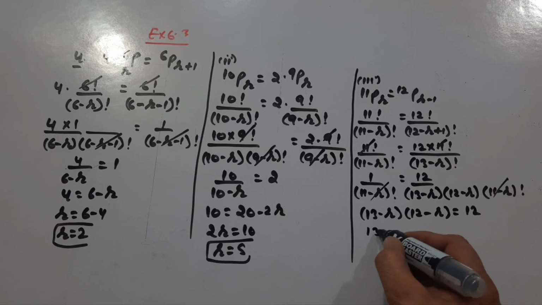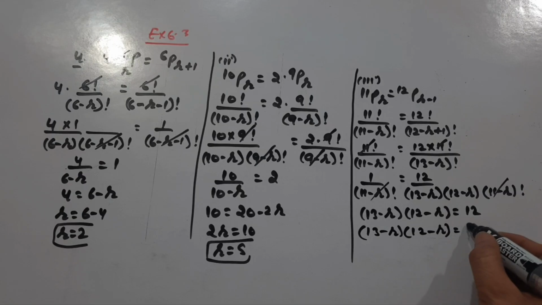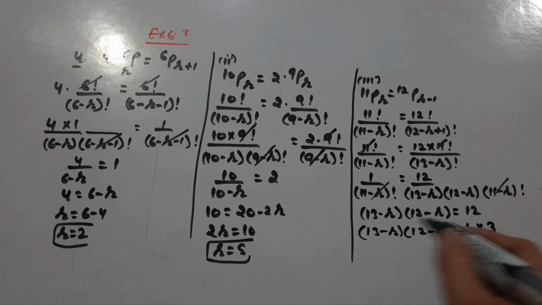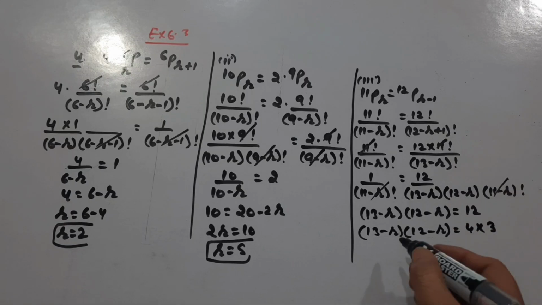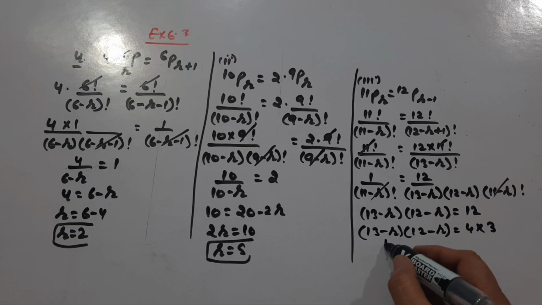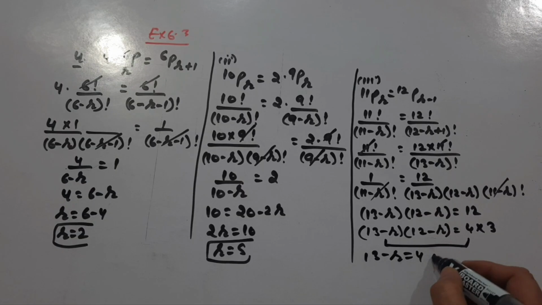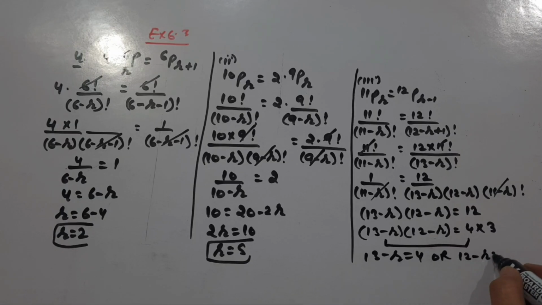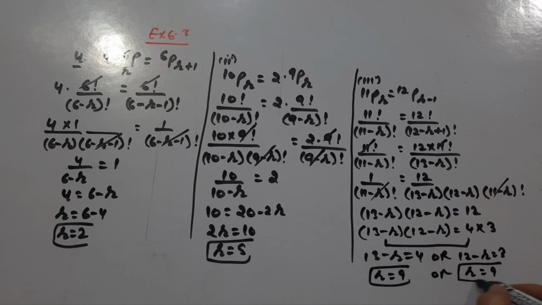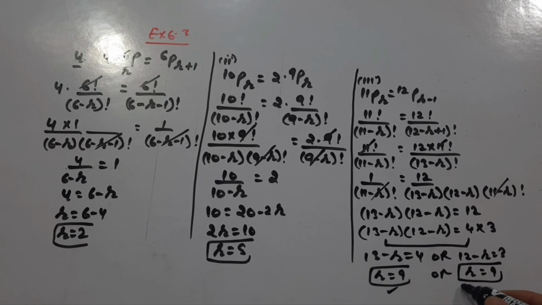So 13 minus r into 12 minus r is equal to 4 into 3. Now these numbers are in decreasing order and those numbers are also in decreasing order, so we can compare 13 minus r with 4, 13 minus r equal to 4, or 12 minus r equal to 3. From here r equal to 9, or if we solve this, then also we get r equal to 9. Right, students? So the answer is r equal to 9.